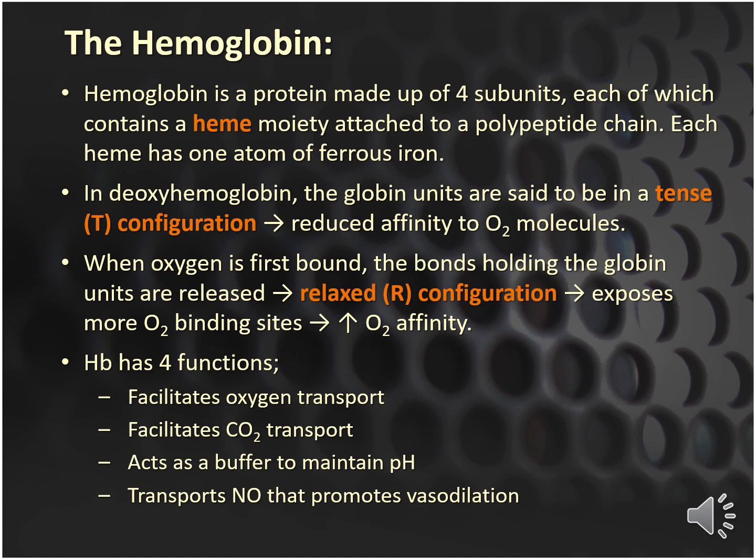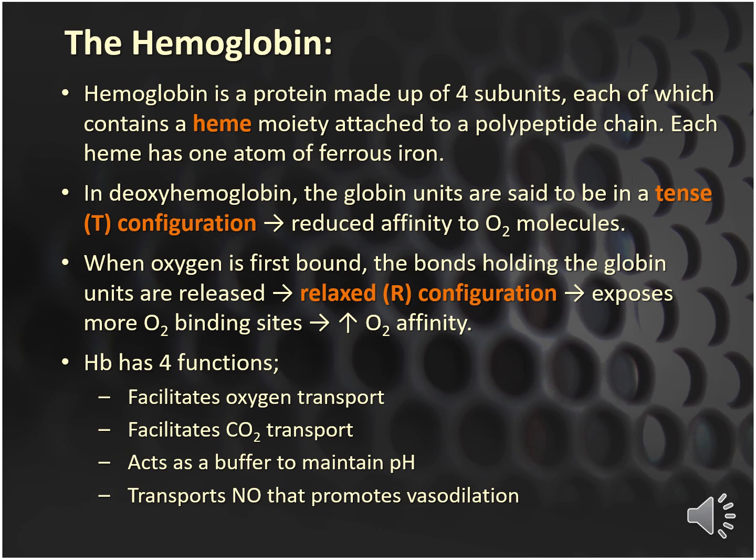In deoxyhemoglobin, the globin units are said to be in a tense configuration. This means there is a reduced affinity to oxygen molecules. When oxygen is first bound, the bonds holding the globin units are released, and this leads to the formation of the relaxed configuration.